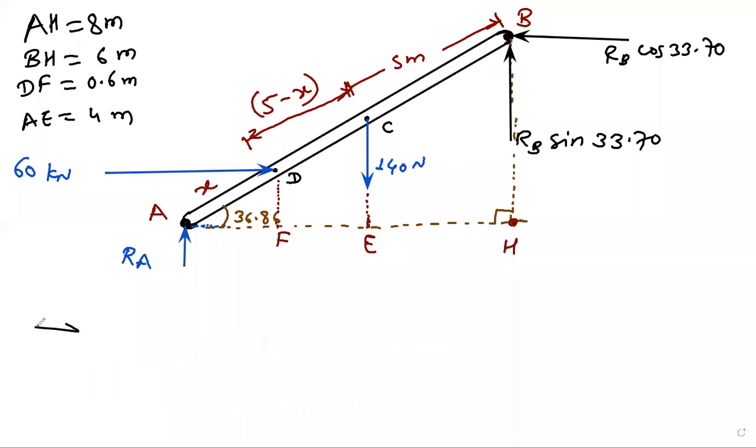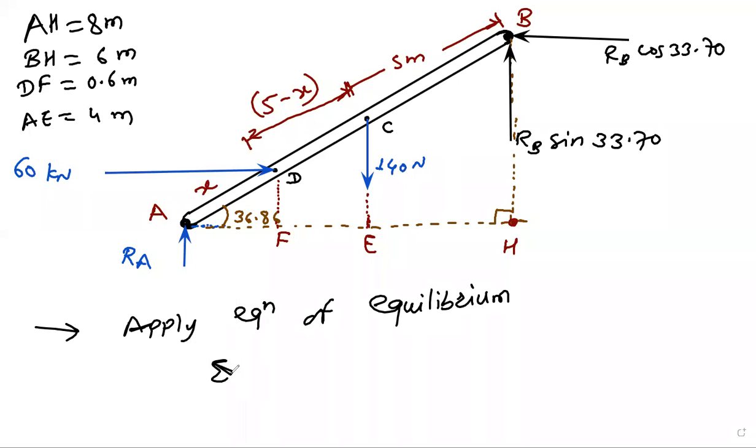Now apply the equations of equilibrium. Summation Fx equal to 0, rightward positive, leftward negative.